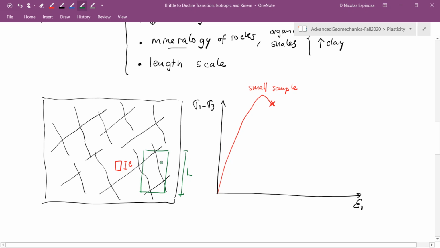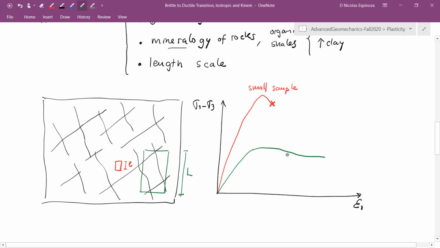What we're going to see is that the strength is not going to depend only on the strength of the intact rock inside, but also on the fractures inside the rock. And therefore, you should not expect to reach the same strength of the intact rock because this one has fractures. But not only that, the strength is going to be lower, the stiffness is also going to be lower because of the presence of the fractures, but also the material is going to behave in a more ductile manner.